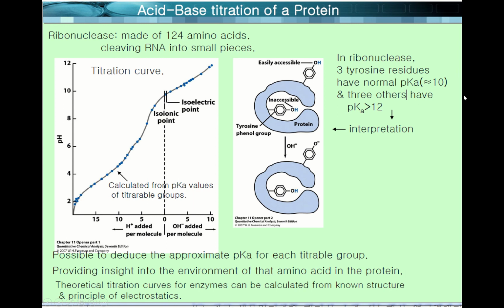But when you look up table 9-1, you'll see pK values for those substituent groups. Tyrosine residues have a normal pKa around 10.